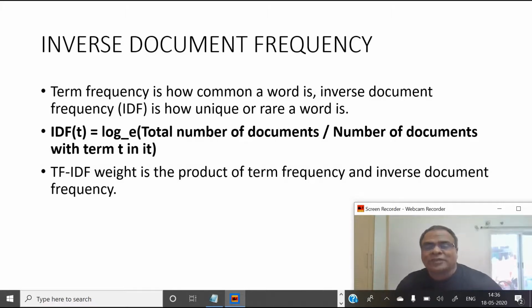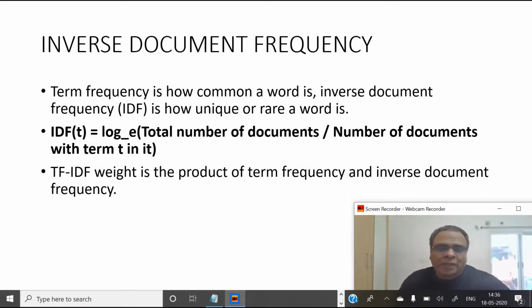Inverse document frequency, IDF, is how unique or rare a word is. The equation for inverse document frequency is the logarithm of the total number of documents, the whole divided by the number of documents with term T in it.